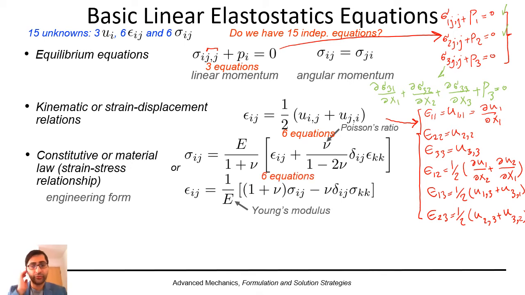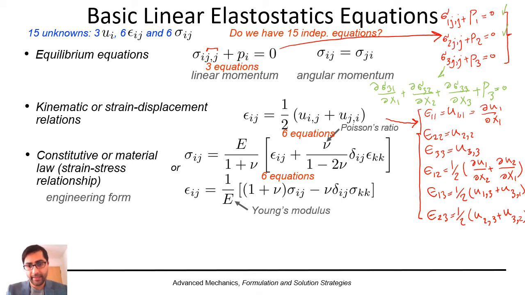Okay, and from constitutive law, we get another 6 equations, because again, we have the stress tensor. The stress tensor is a second order tensor with 9 elements, but only 6 of them are independent.